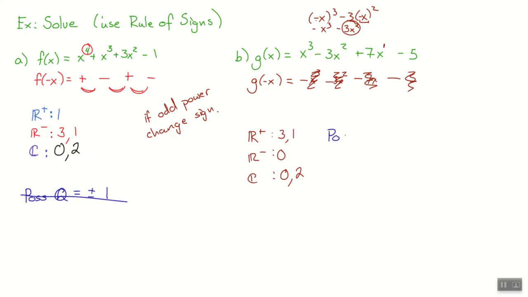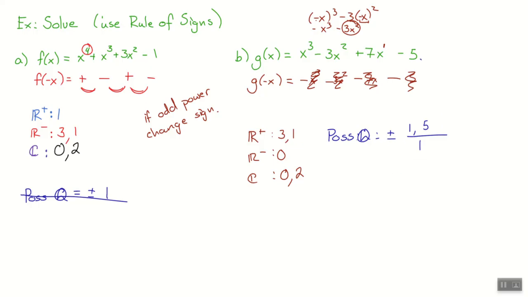And help me out here. How do I find the possible roots? Possible rational roots anyway. Plus or minus something. So P, factors of 5: 1 and 5. And the leading coefficient is a 1. Now, I'm going to claim that I've done even more than I needed to.